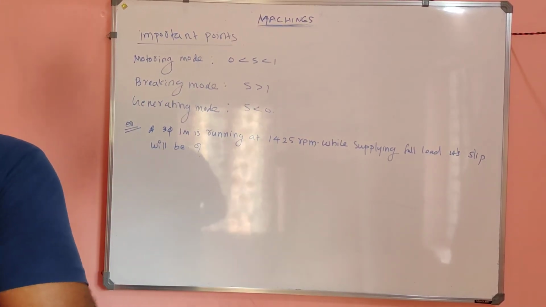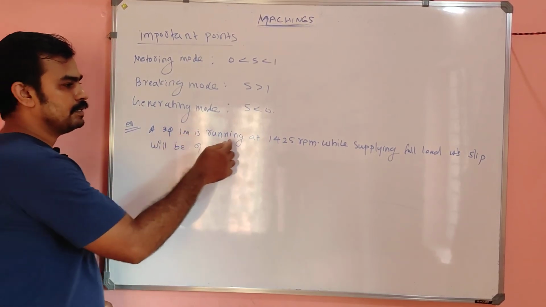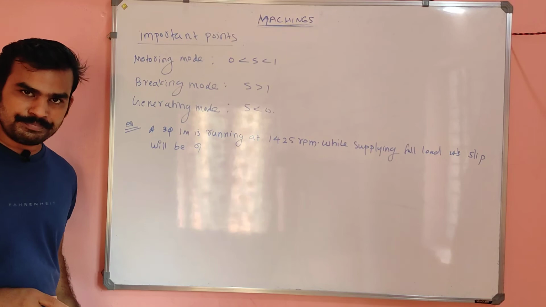Normally this type of question may be asked because there is only one data. A three-phase induction motor running at 1425 rpm.